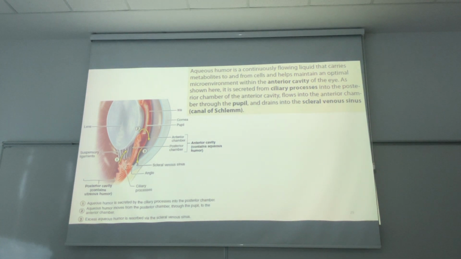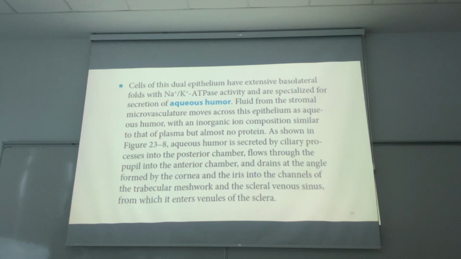In the iris, again, we have two layers of epithelial cells, but both of them are pigmented epithelial cells. You can see non-pigmented epithelium here; non-pigmented epithelium appears in the inner epithelial part of the ciliary process. In the iris, we have two layers of pigmented epithelial cells.